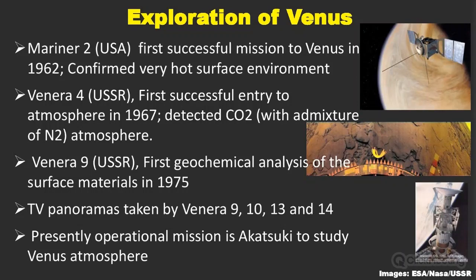Venera 4 from USSR was the first successful entry into the atmosphere, and it detected CO2 with a mixture of nitrogen. Venera 9 provided the first geochemical analysis of the surface material, and TV panoramas like the one shown here were taken by Venera 9, 10, 13 and 14.